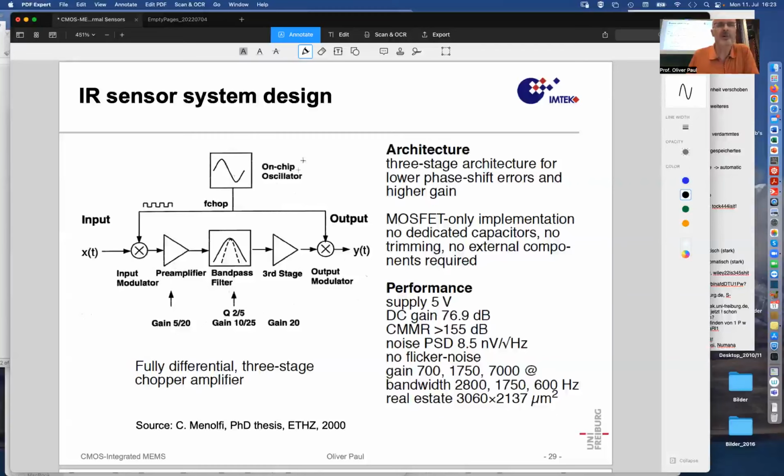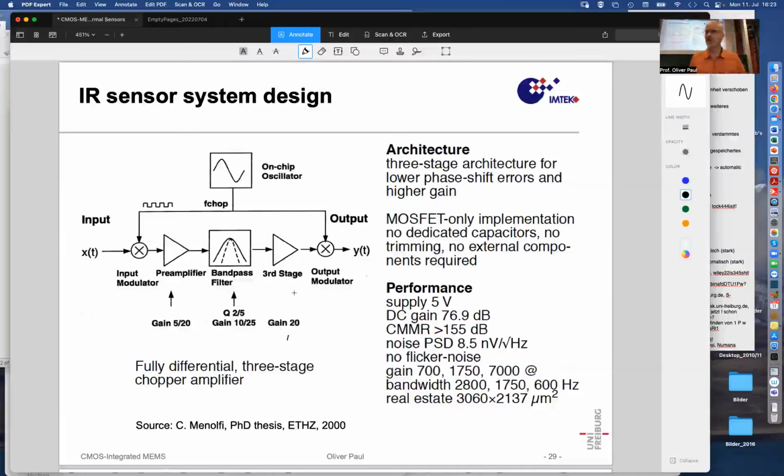Now, of course, you need an oscillator that allows this chopping to happen. You have a first preamplifier, then there was a band pass filter with different band pass width, which is indicated schematically here. That's also an amplifier with a gain from 10 to 25, here a gain 5 to 20, and the third stage had another gain of 20.